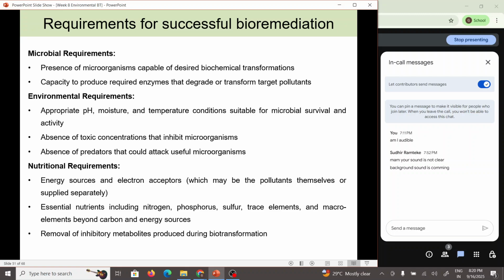If these intermediate compounds are more highly toxic to the microorganism than the contaminant itself, then that is also going to inhibit the microbial action. So we have to make sure that the inhibitory metabolites produced during this transformation process are removed on a timely basis. So the three key requirements of bioremediation are microbial, environmental, and nutritional requirements.